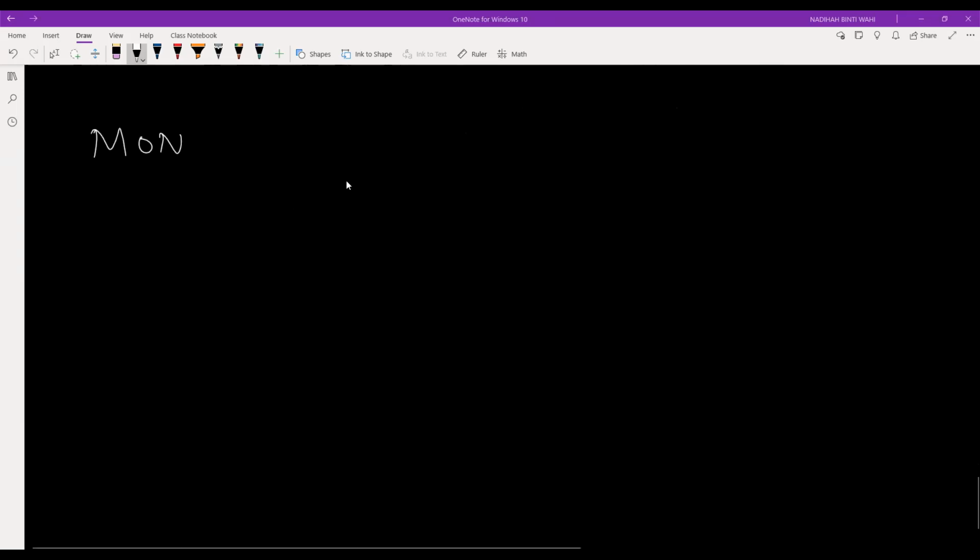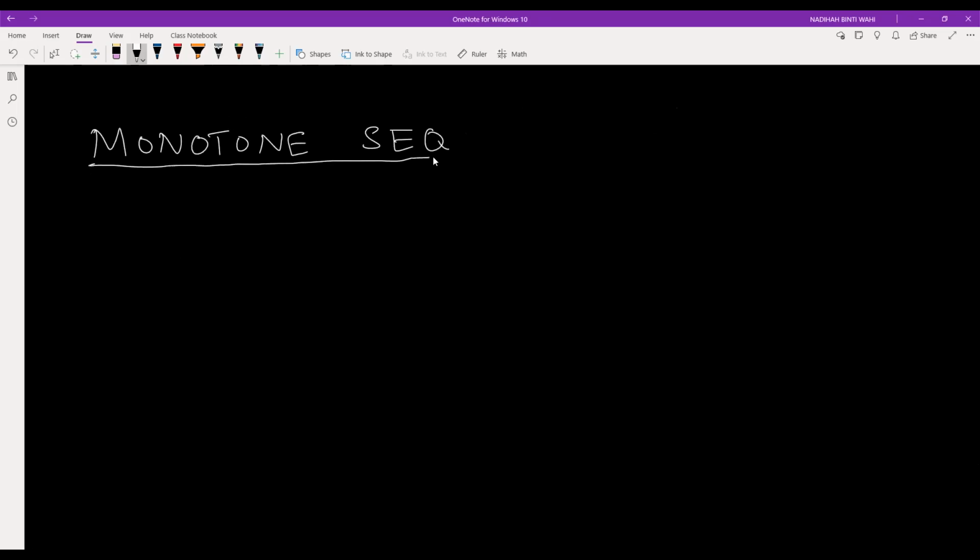And the fourth part is the monotone sequence. If you understand from the word mono, it means only one, so it has only one tone.